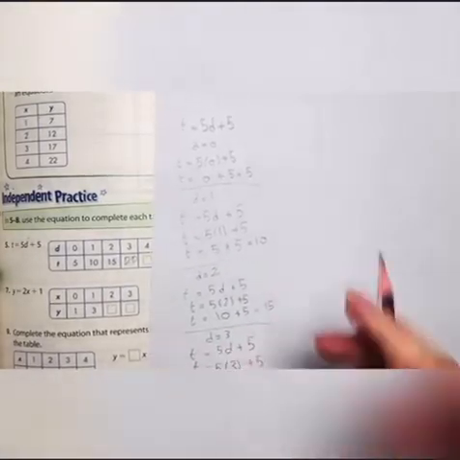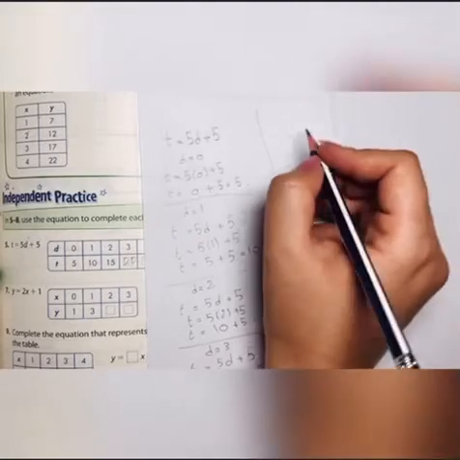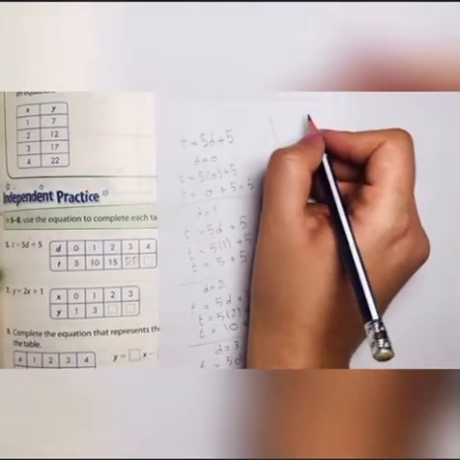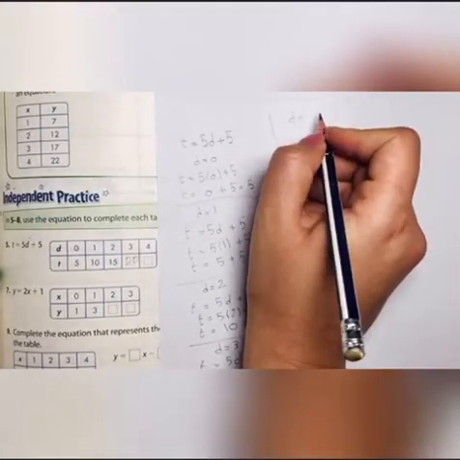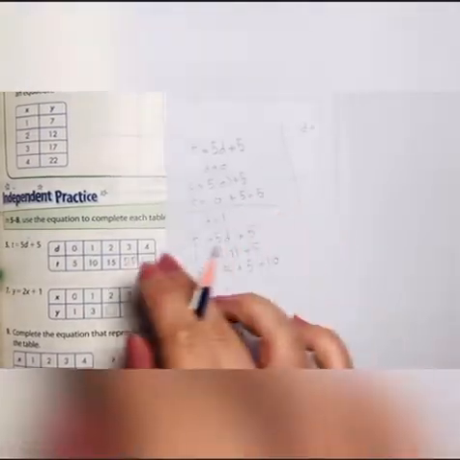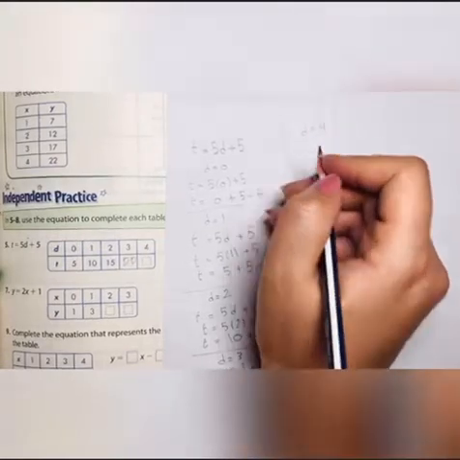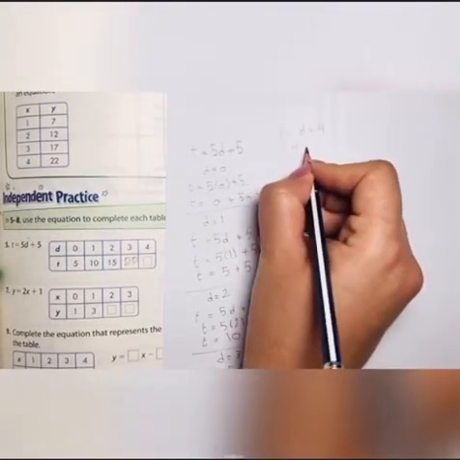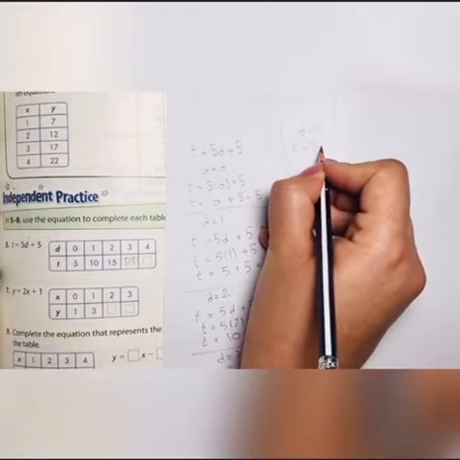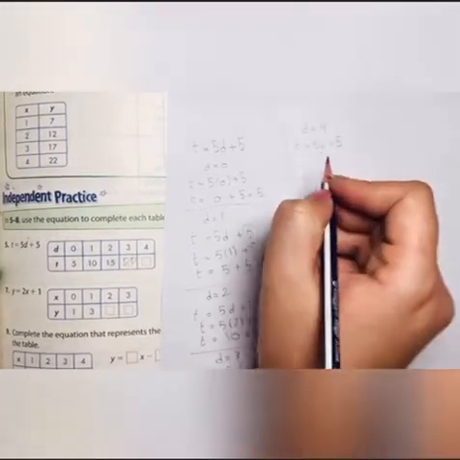If we have d equal to, what? 4. Our equation is t equals 5d plus 5.